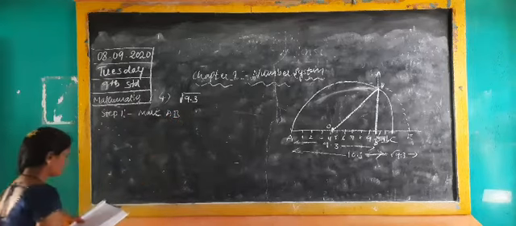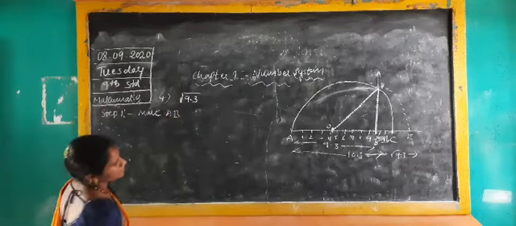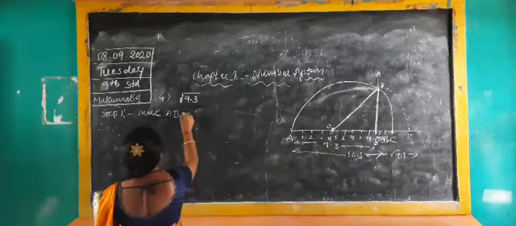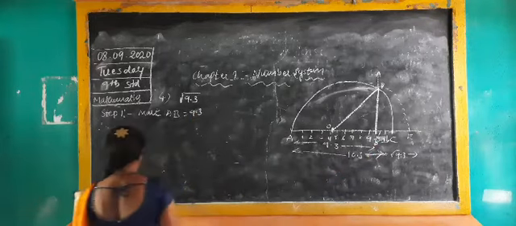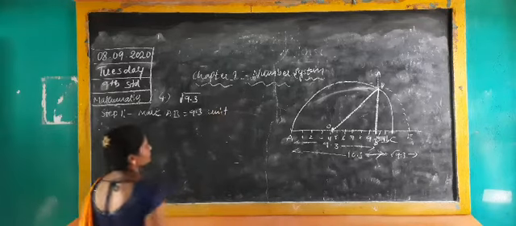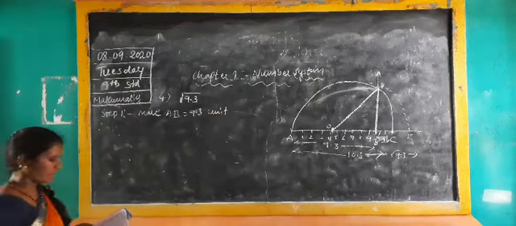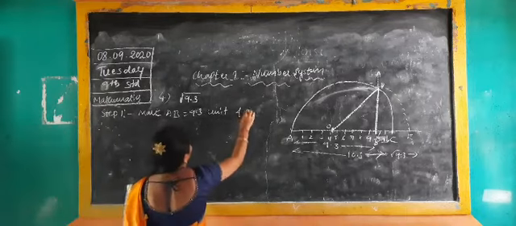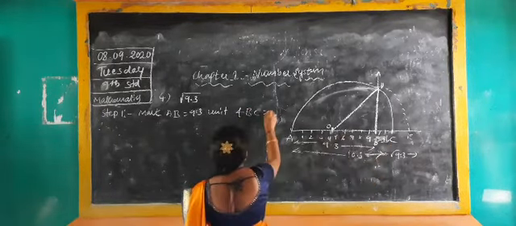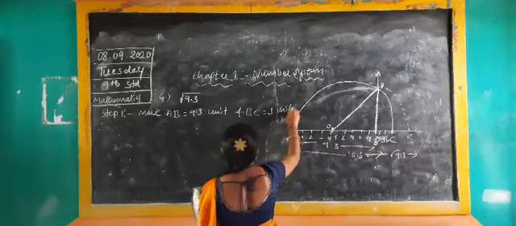AB is equal to 9.3. Is it not? A to B is 9.3. Next, you take a unit, means in your scale you have to measure by unit. And B to C, how much? 1 unit.